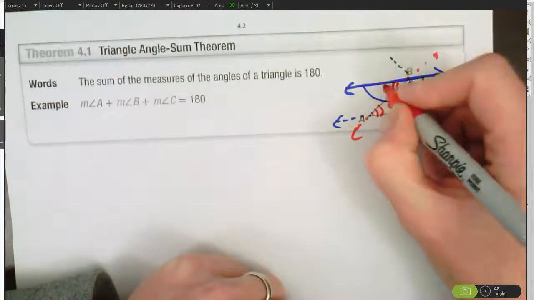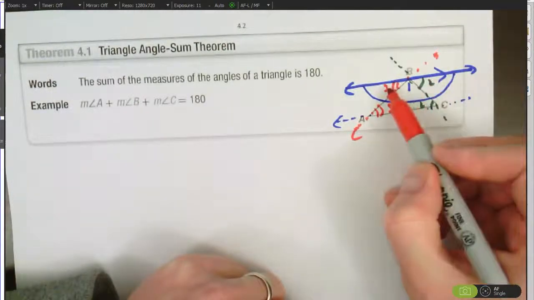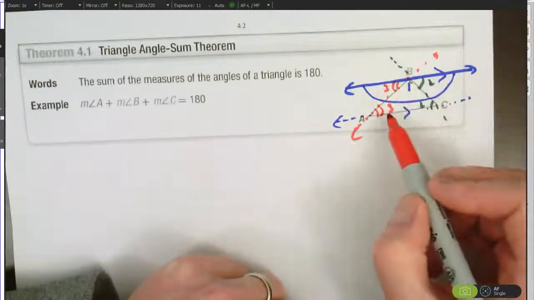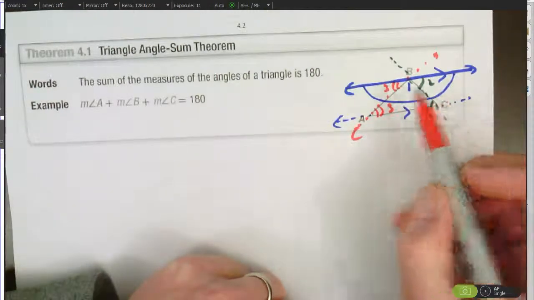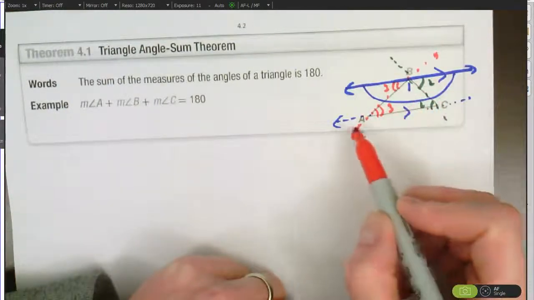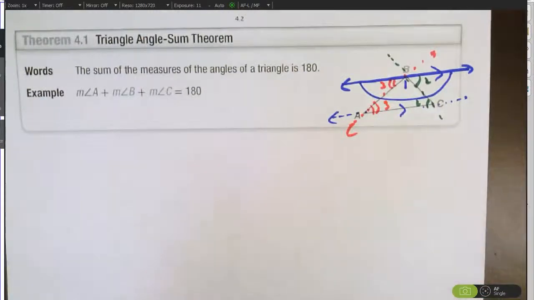Let's call that angle 3. Here's the deal. Angle 1 plus angle 2 plus angle 3 add up to 180 because they make a line. But angle 3 is congruent to that angle, and angle 2 is congruent to that angle, so the angles of the triangle also have to add up to 180, meaning a triangle adds to 180 degrees. So that's the formal proof. If you look in the book, they walk through it.